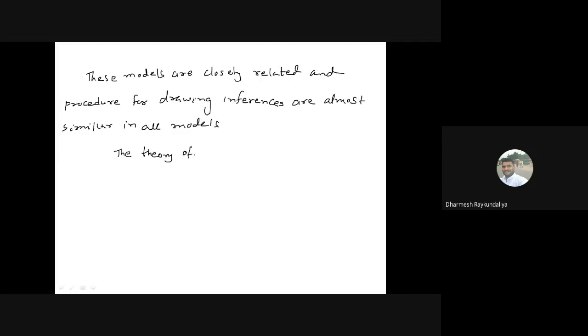So whatever theory you are talking about, the theory of models provides the basic theory for a variety of basic statistical techniques.